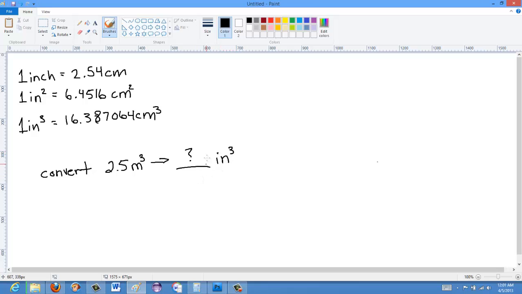Well, what we do is we go for our unit analysis. So I have 2.5 meters cubed.